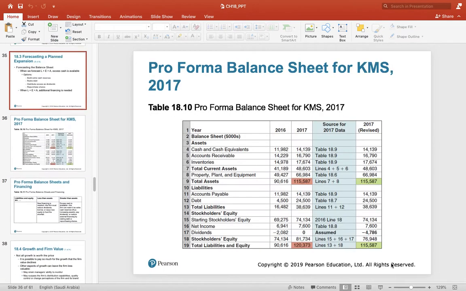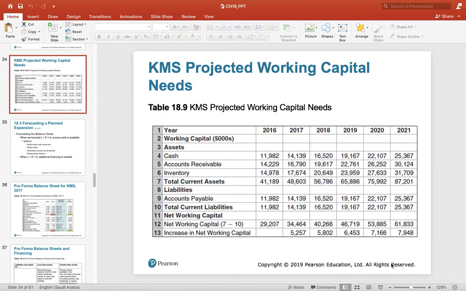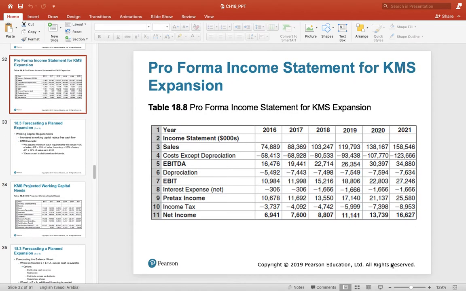As I told you, the same point, it will be done later on here. Interest minus interest tax shield. The interest is minus 306, 306 multiplied by the tax.